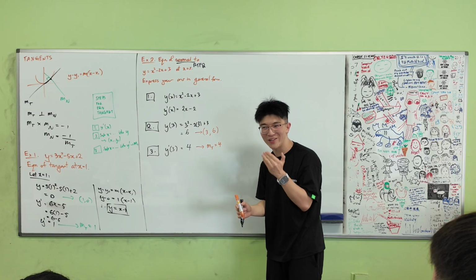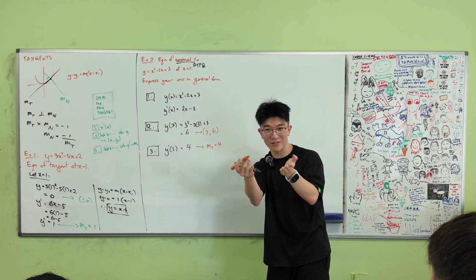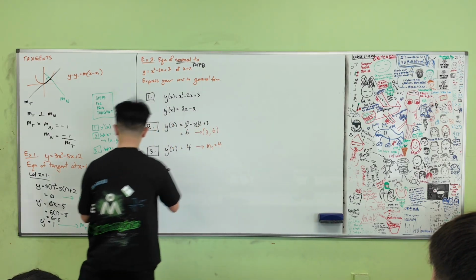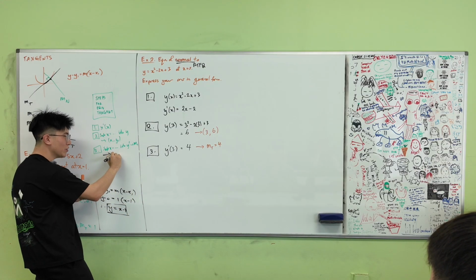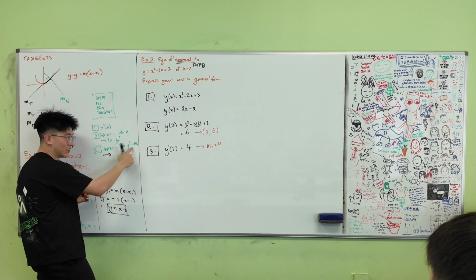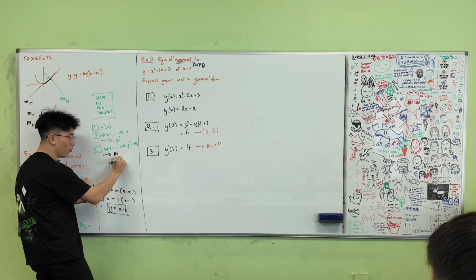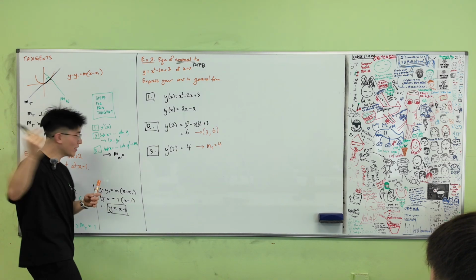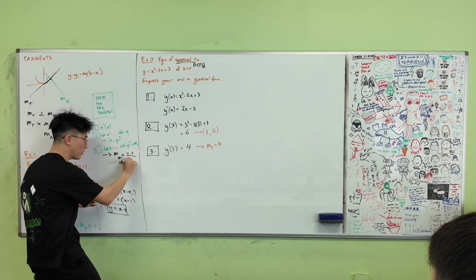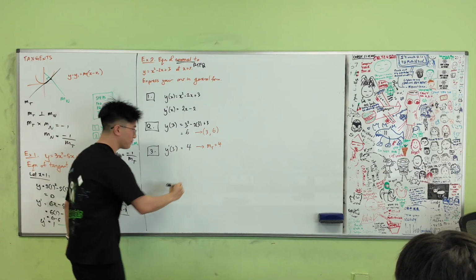I want the gradient of the normal. I need the reciprocal. So in this case, you can add this to your steps. If the question was a normal question, you find this first, and then you go, wait a second, the gradient of the normal is equal to the two words, one's reciprocal, the other's negative. Awesome. Negative reciprocal of the gradient of the tangent.